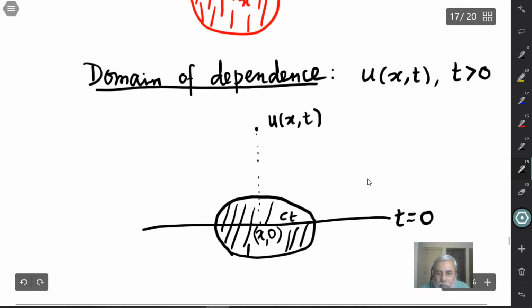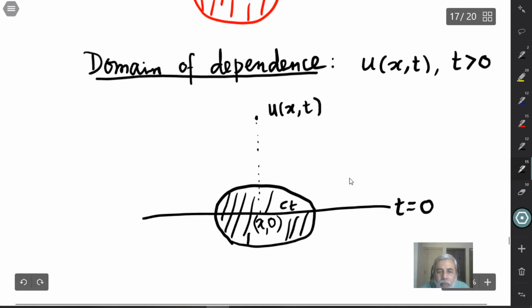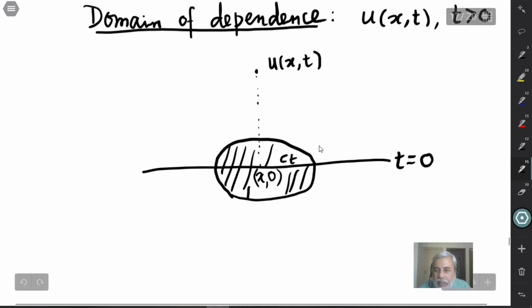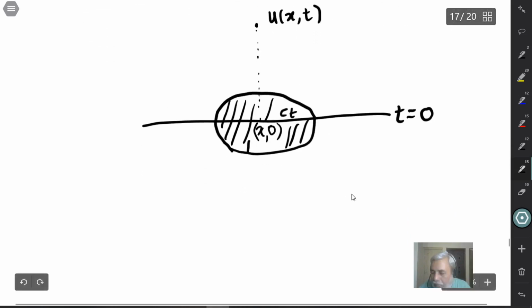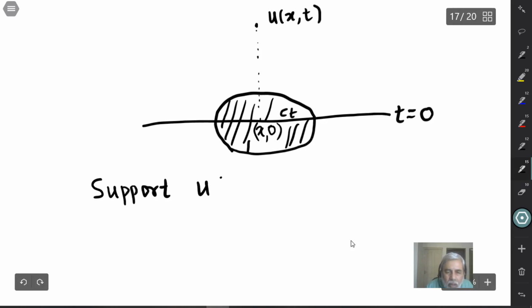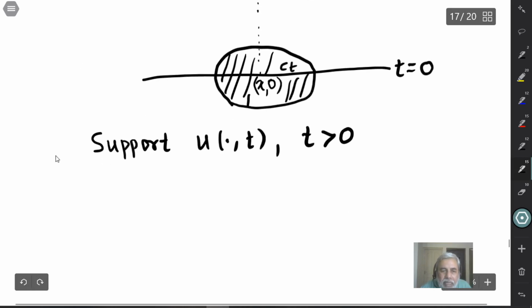So similarly you can write down the range of influence, etc. And now let us see the support of the solution at a positive time, how it depends on the support of the initial data.